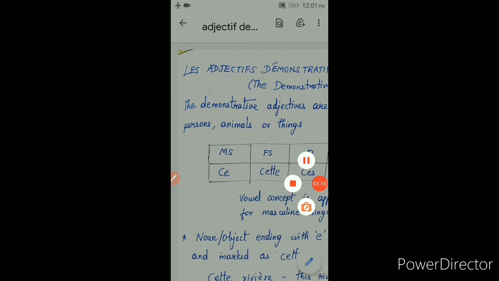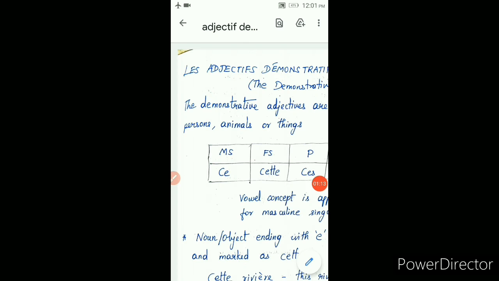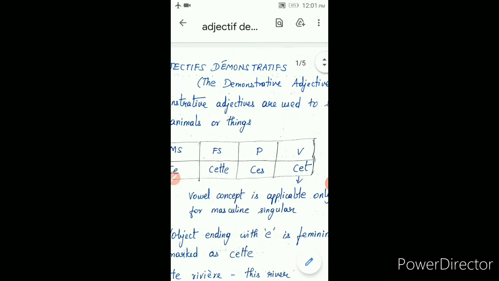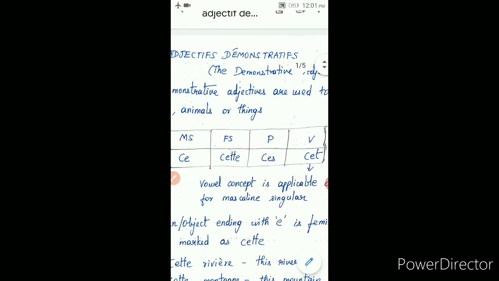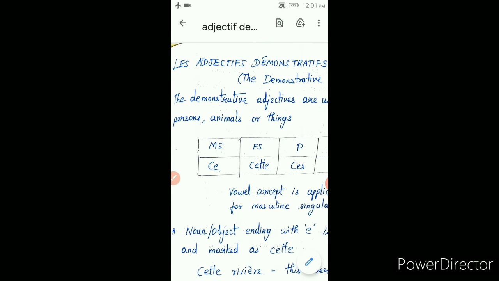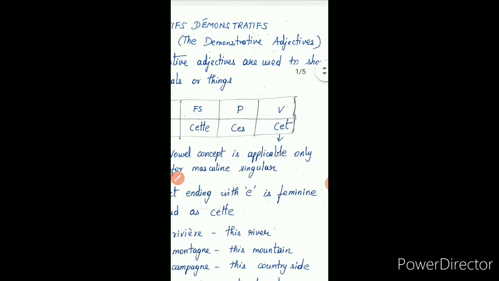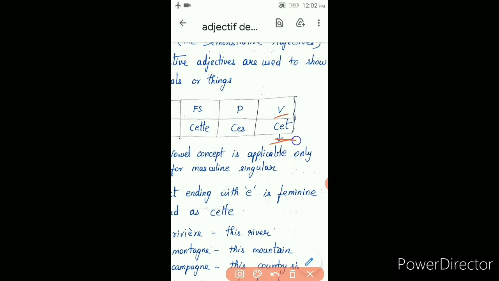Now let me explain what is adjectif démonstratif. Demonstrative adjectives are used to show persons, animals or things. Say for example, masculine singular ce, feminine singular cette, plural ces, and for vowel cet.